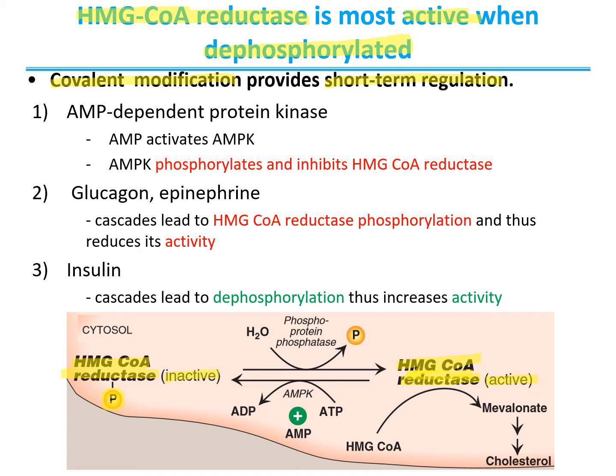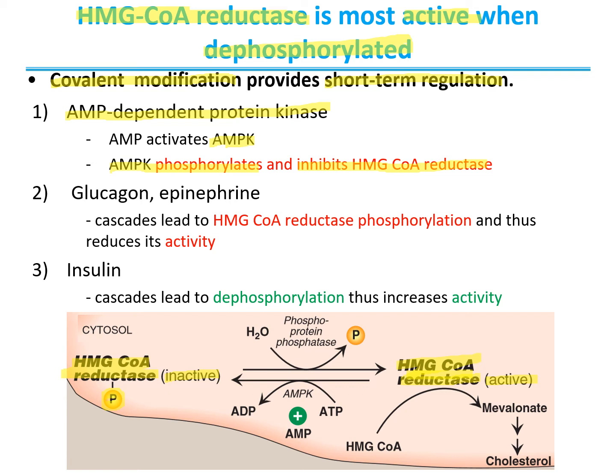Now there are different things that can activate it or inactivate it. An important enzyme is this AMPK. So AMPK enzyme phosphorylates and therefore inactivates, or you can say inhibits, the HMG-CoA reductase. So this enzyme AMPK, AMP dependent protein kinase, shortened as AMPK, will inhibit HMG-CoA reductase.